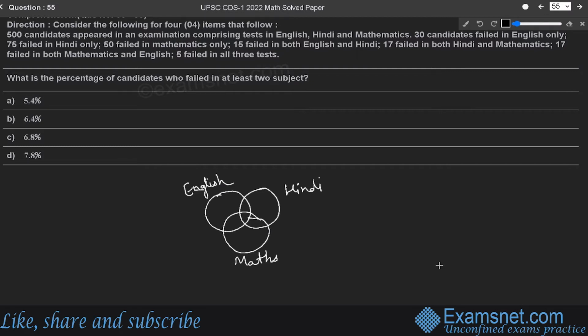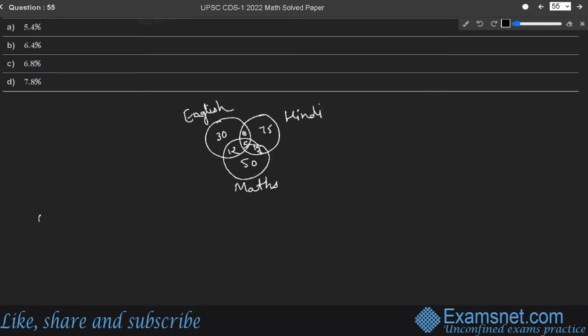Now according to the question, the number of candidates will be 30 here, 75, 10, 5, 12, 12 and 50. So this is the Venn diagram according to the values given in the question. To find the percentage of candidates who failed in at least 2 subjects, first we have to find the candidates who failed in at least 2 subjects.